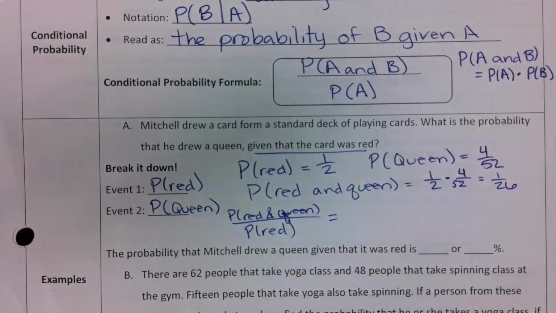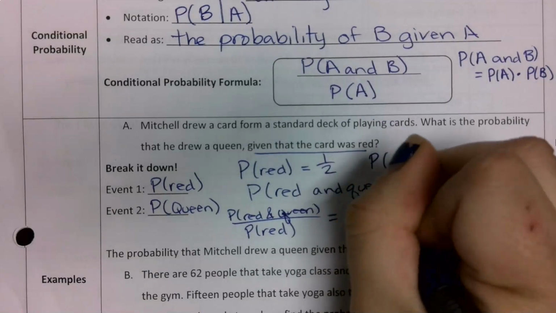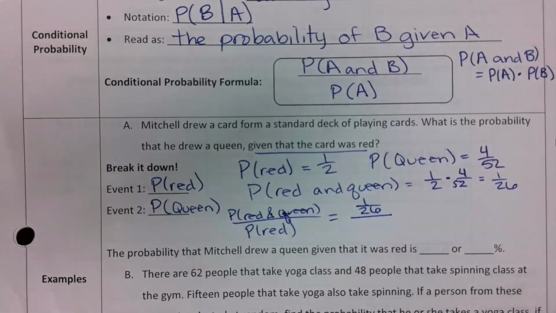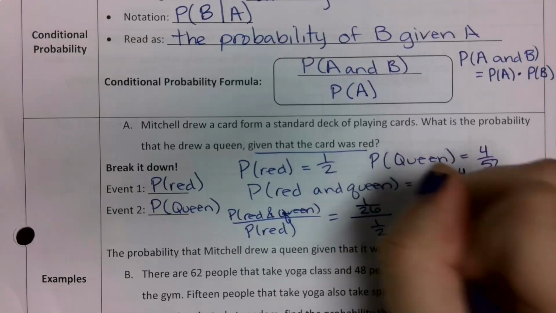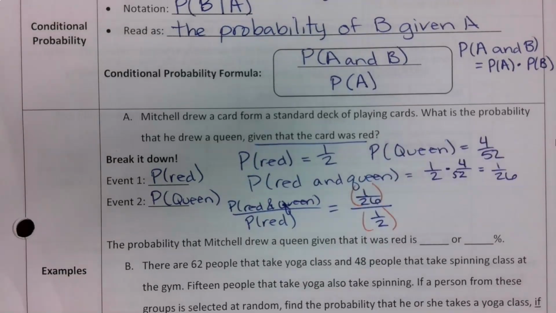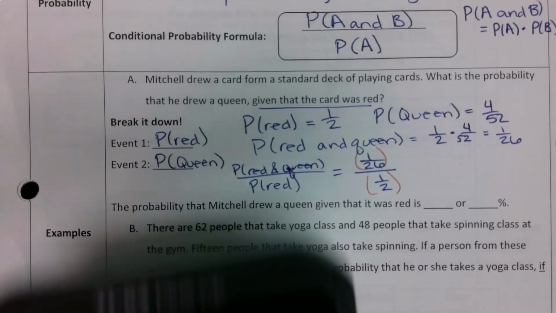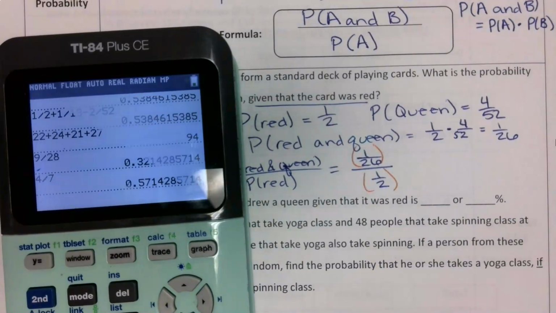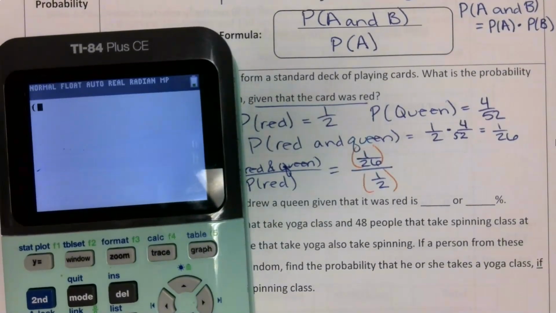So the probability of red and queen was 1/26, and the probability of red is 1/2. If I'm going to type this on my calculator, I want to type my fractions in parentheses. So I want to do 1/26 in parentheses divided by 1/2 in parentheses.